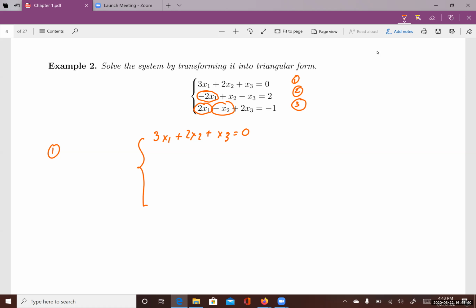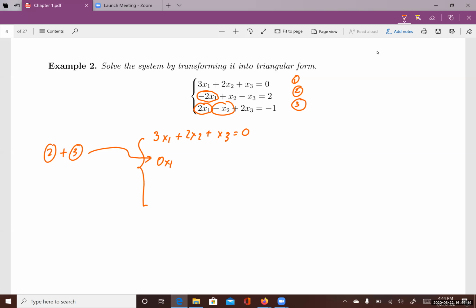Well, think about it. I just want this to be 0, and I want this to be 0. Then maybe one thing I can do is add equations 2 and 3 together. Let's do that. I take equation number 2 plus equation number 3 to get my new equation. So negative 2x1 plus 2x1 is 0x1.